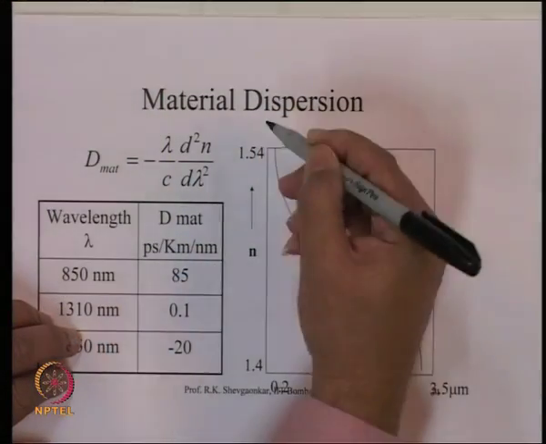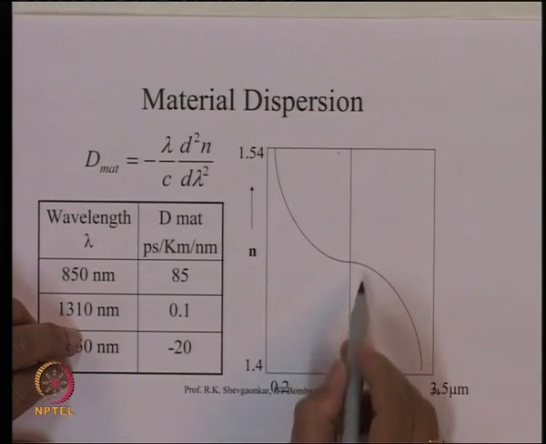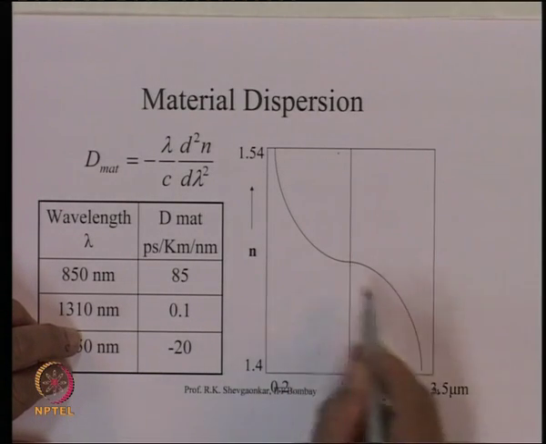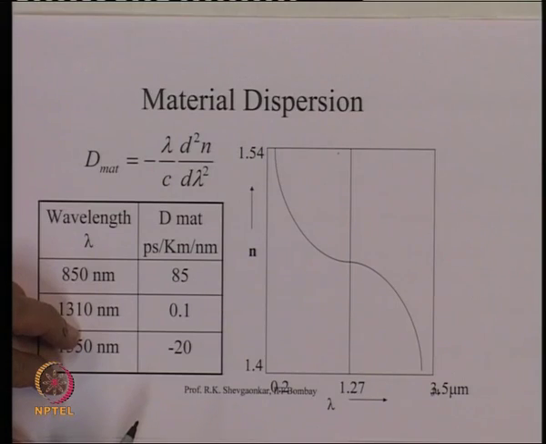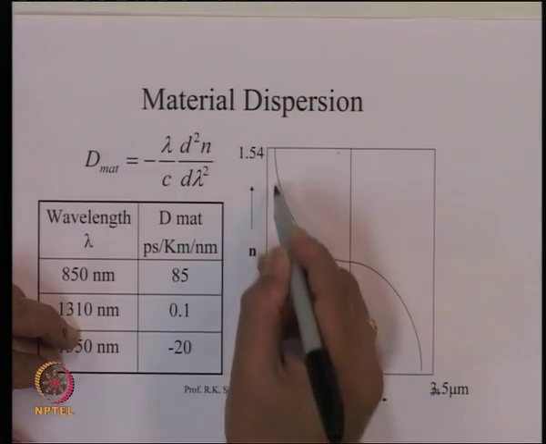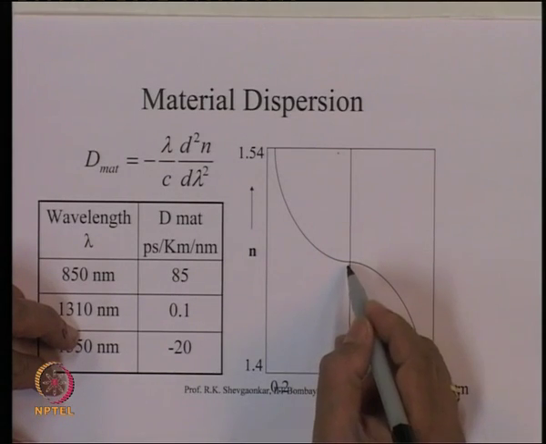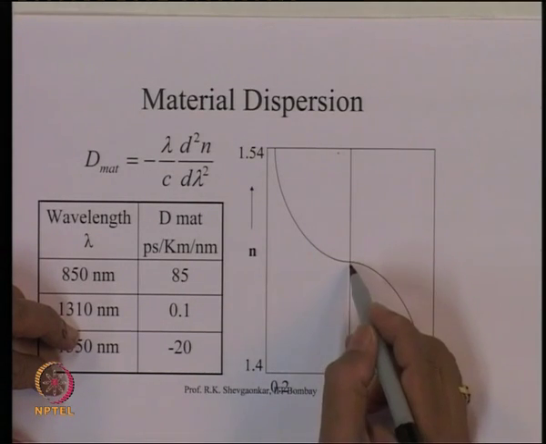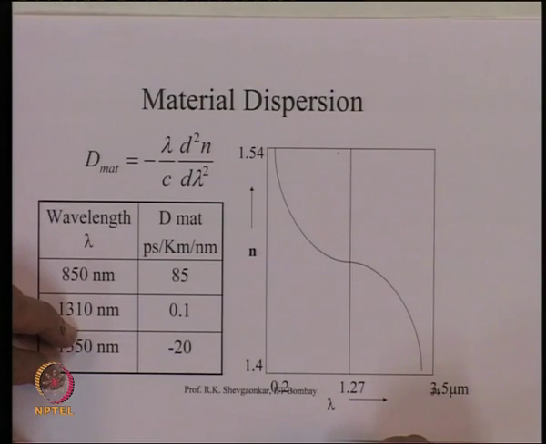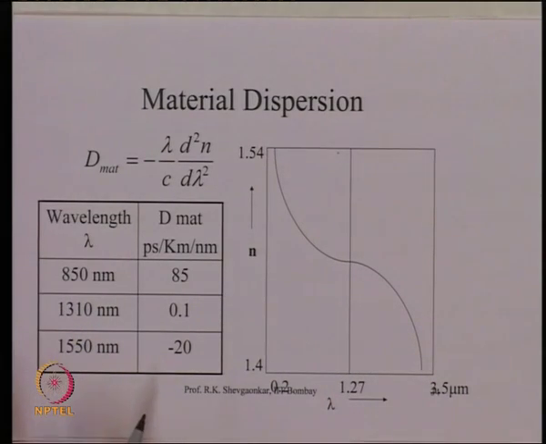So, if I look at this variation, you see this function has a curvature like this, whereas here the curvature is opposite, it is something like this. So, the curvature changes sign from this to this at this wavelength, which is 1.27 micron or 1270 nanometer.